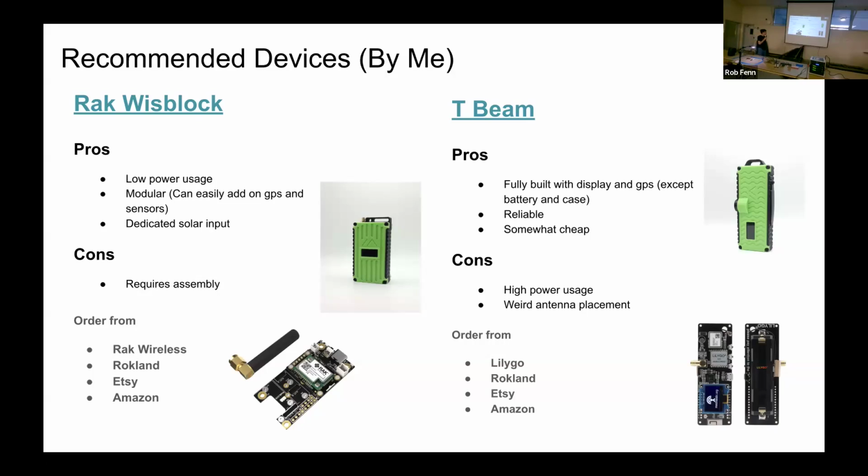So if a device costs like $200, I'd be skeptical. Around $100 is usually the highest I would go for a device. You could probably expect around $20, $30, or $50 for these boards. On Rokland, they sell for $34.